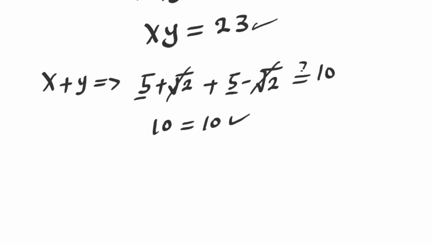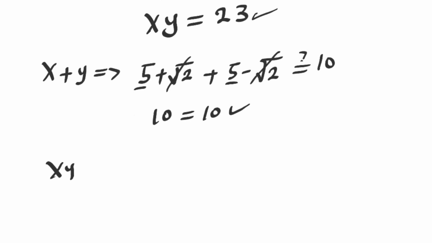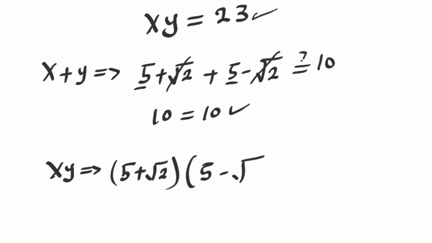Let us consider this. xy, this can be written as 5 plus root 2 multiplied by 5 minus root 2 must be equal to 23.